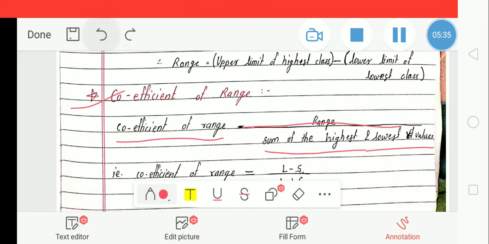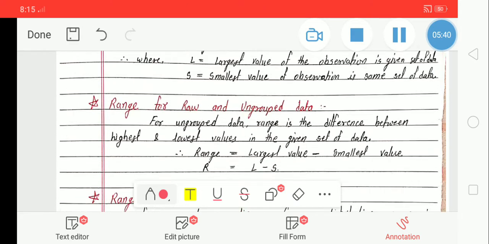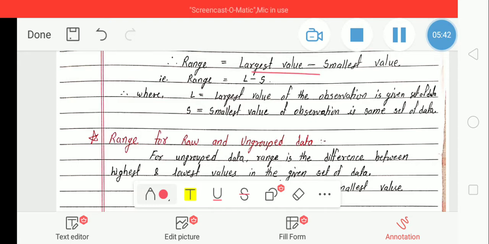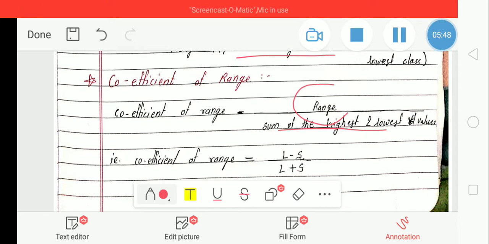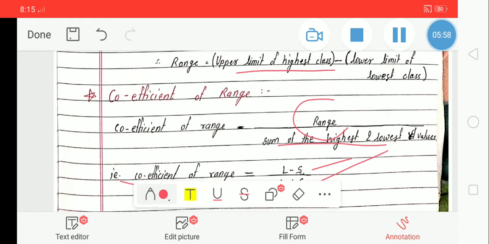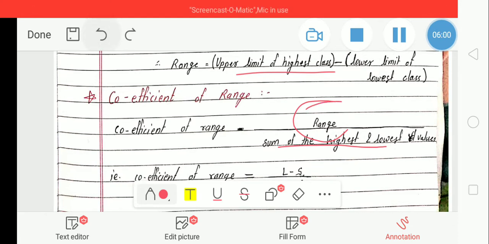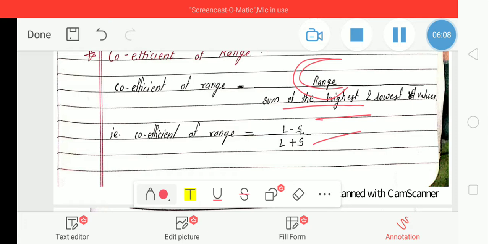So we know that range means largest value minus smallest value, so L minus S, and the sum of the highest and lowest value means L plus S. So the coefficient of range is L minus S divided by L plus S. That gives the coefficient of range.